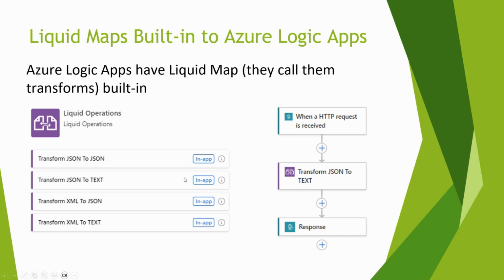You'll see that we've got four different transforms here: transform JSON to JSON, JSON to text, XML to JSON, and XML to text. 90% of the time I use to text, because when I'm debugging and working on my map, if it doesn't produce pure JSON, it will fail and it doesn't give you a lot of debugging.